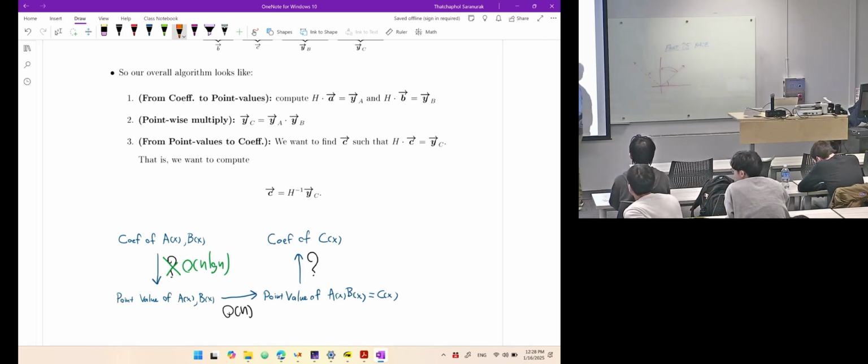So now the last step is to find a vector C such that when you multiply C by H, you get YC. In other words, right now we have YC. You want to find C such that when you multiply by H, you get YC. So what you want is to compute H inverse times YC.